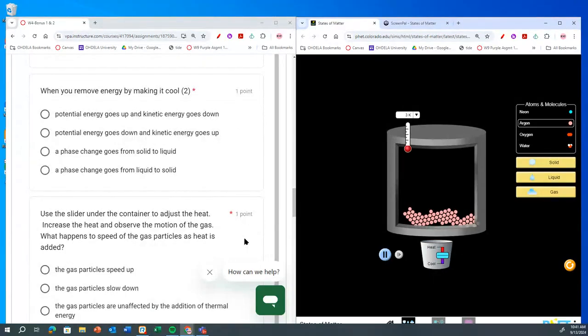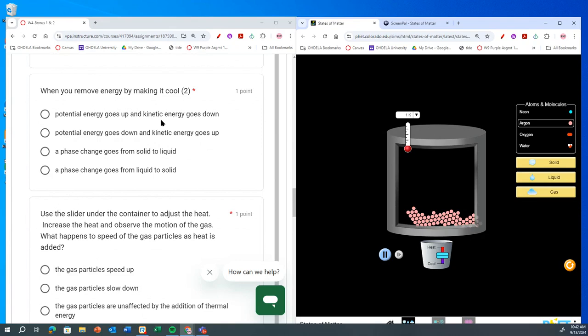When we remove energy by making it cool, what happens to the potential energy? Does the potential energy go up? I'm sorry, potential energy and kinetic energy. Kinetic energy is motion. Potential energy is stored energy.